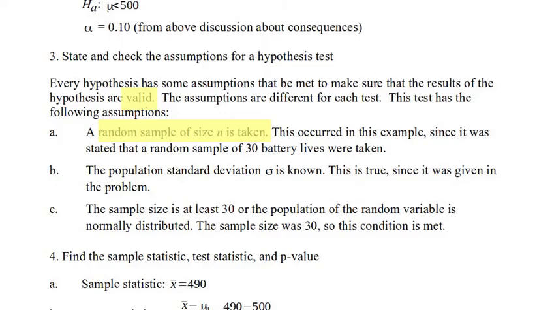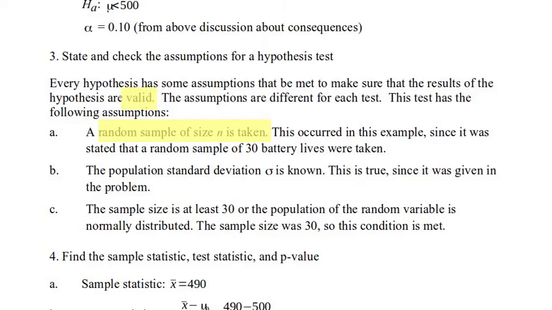This did occur in this example, since it was stated that a random sample of 30 batteries was taken. The population standard deviation is known. Now, remember, this came to us from the manufacturer, so we are using the null hypothesis. Again, this was true. We were given that the standard deviation of all batteries was 25 days.